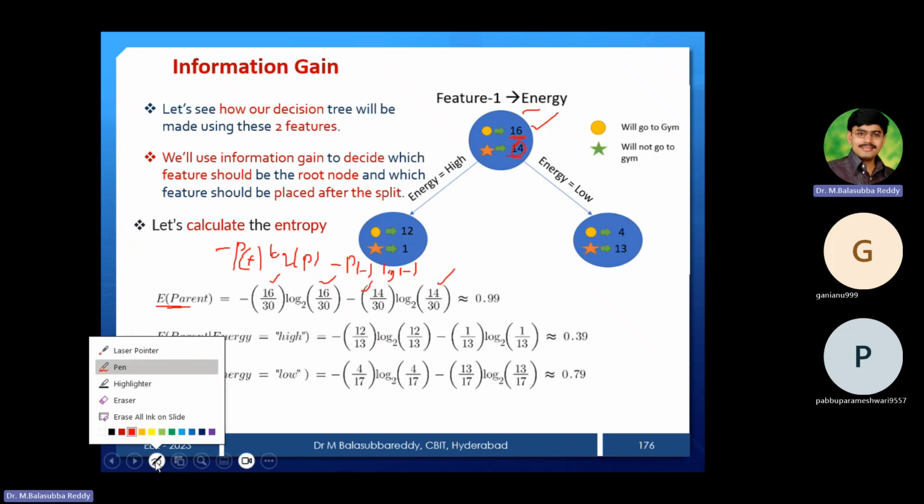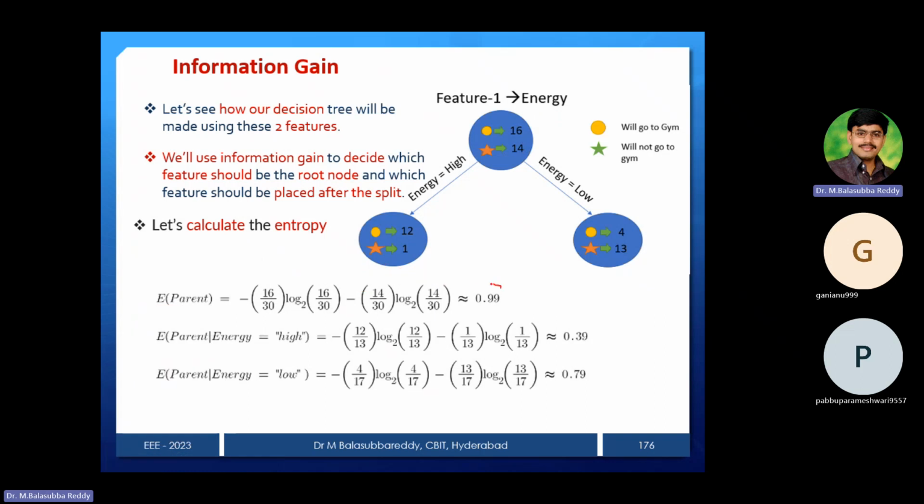If I do that calculation, I get 0.99. We call this the E parent, the root node entropy. Next, you have to calculate the entropy when energy is high, and the entropy when energy is low. Now, the entropy of the parent means this energy.